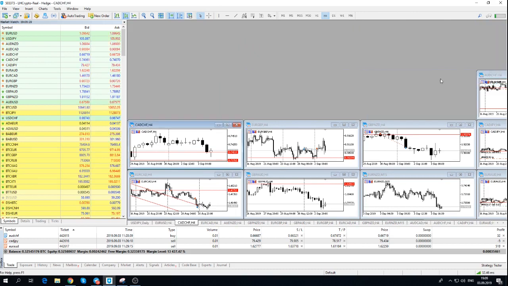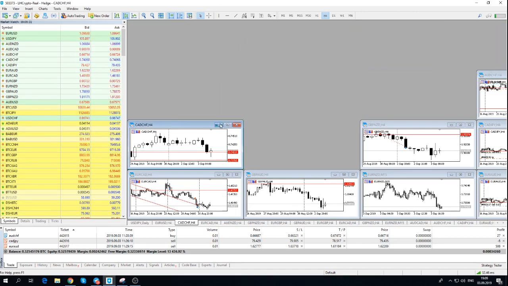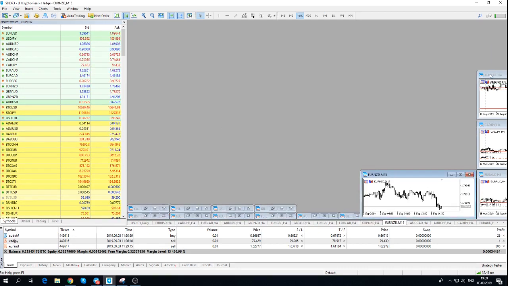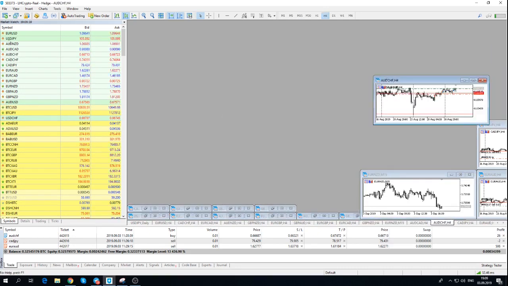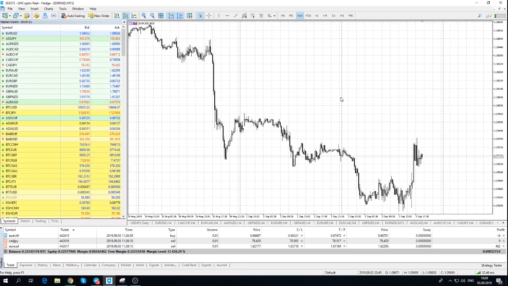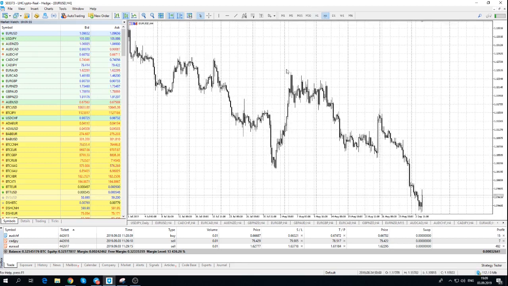Get that window and use, for example, Euro USD. Click on it with the left button and drag it here, and we can see that chart.